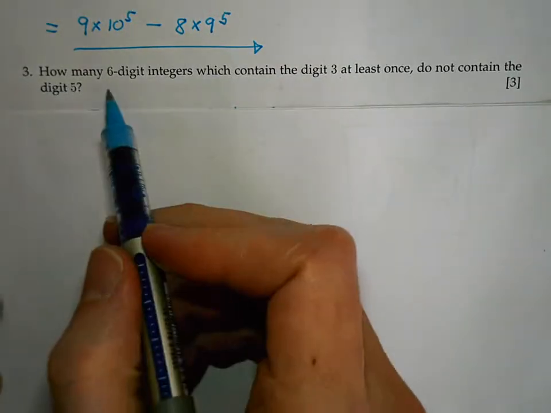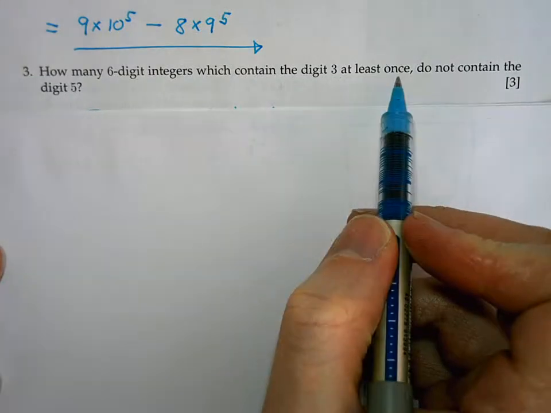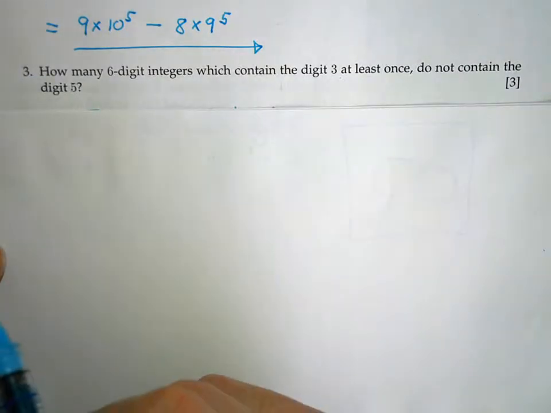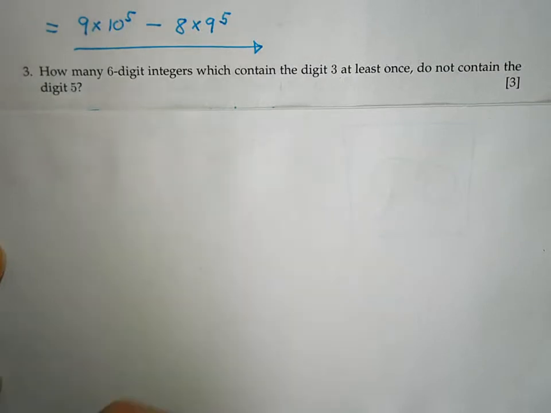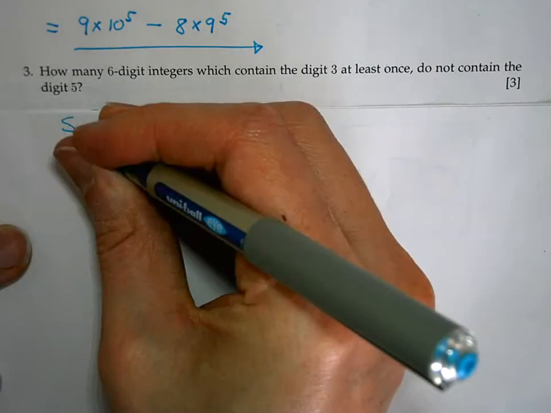Right. Next we asked how many 6-digit integers which contain the digit 3 at least once do not contain the digit 5. So there are two sets and the complements of these sets which we are interested in here. Let's denote them as follows.